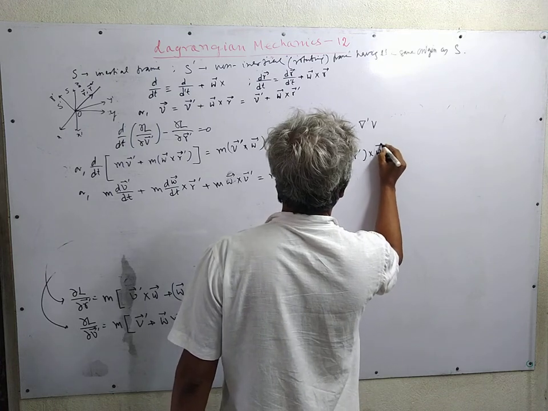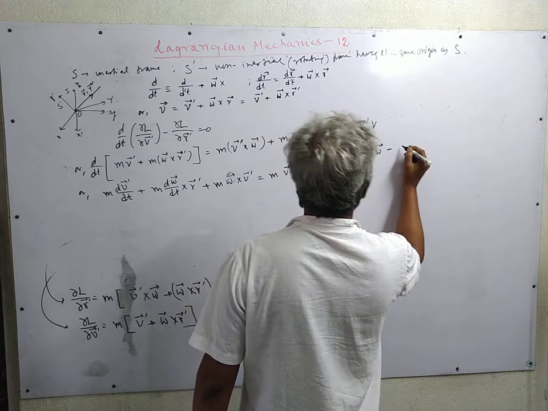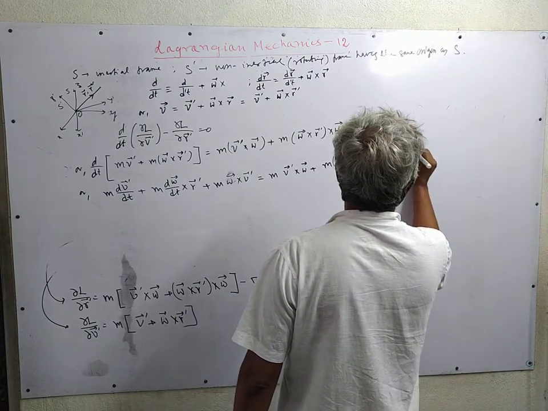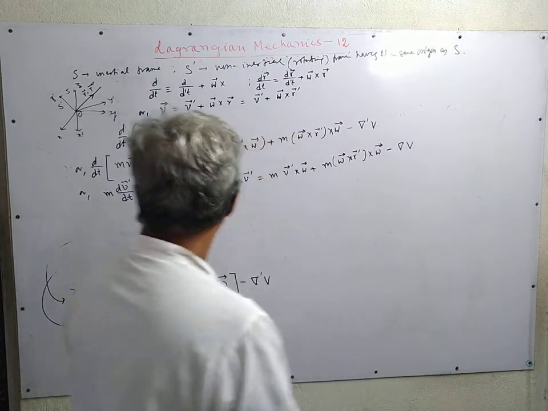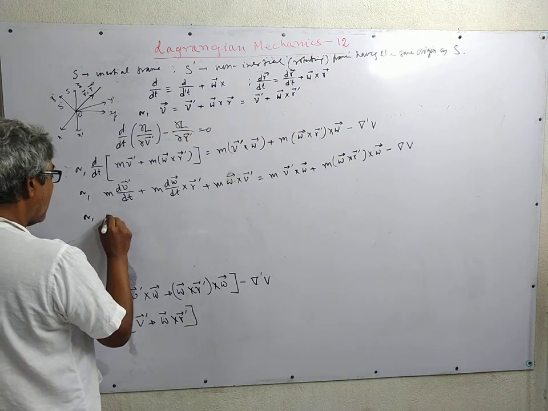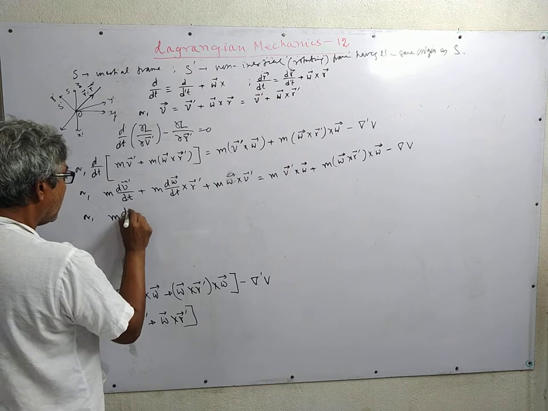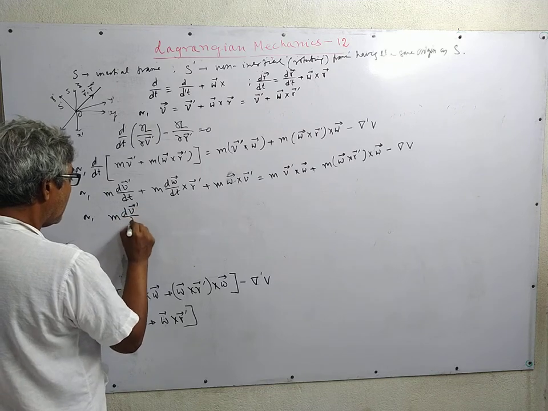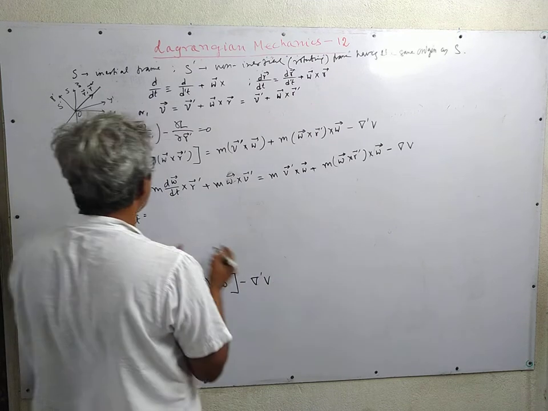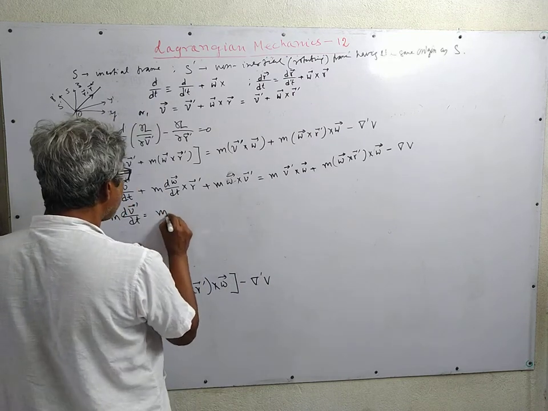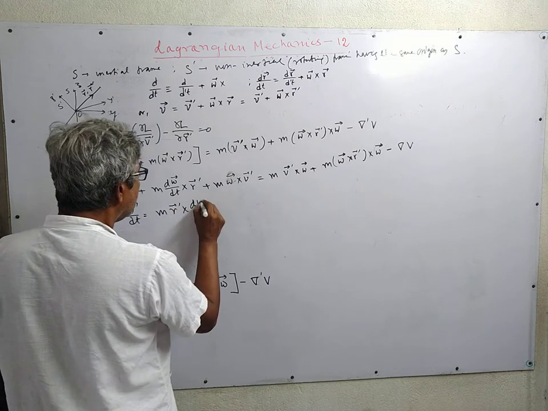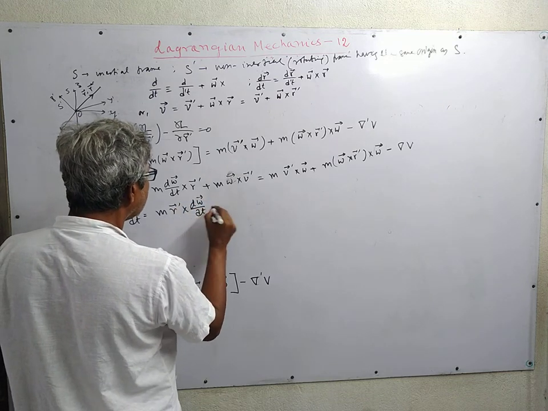This term can also be written as grad of V, or we take this term on the other side, so we write m r' cross dω/dt.